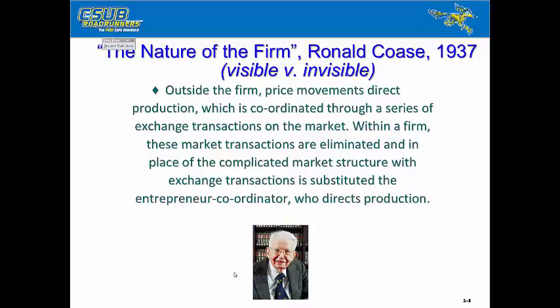So if Disney owns both the movie theaters and the movie production, then basically the movie production people tell the movie theater people, hey, here's the movie. Our common boss said that you should play it.